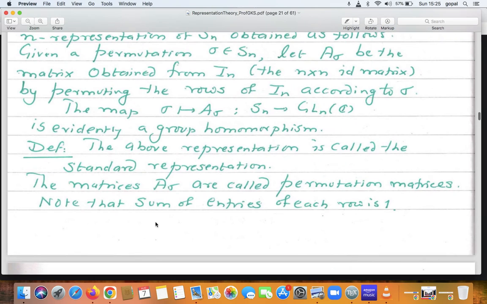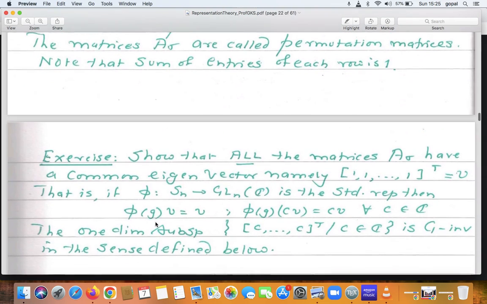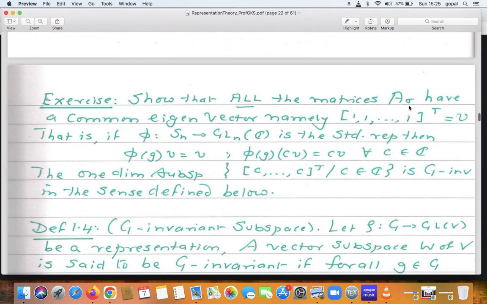Now, in a permutation matrix, a 1 must appear exactly once in each row and in each column. So the row sum must be 1, and the column sum must be 1. In other words, all these matrices A sigma have a common eigenvector (1 1 1 ... 1) transpose.